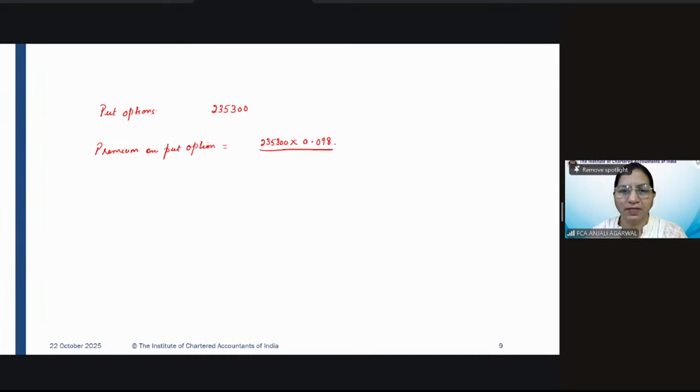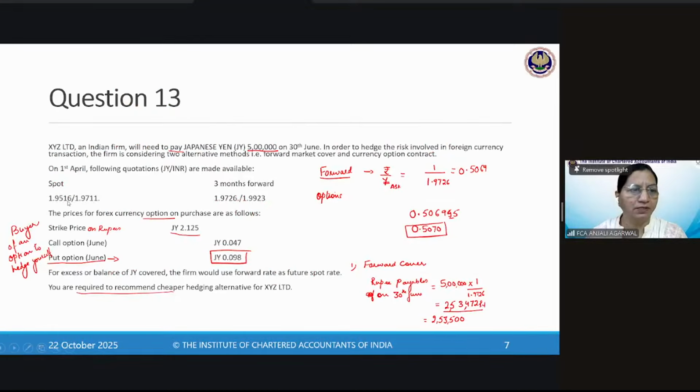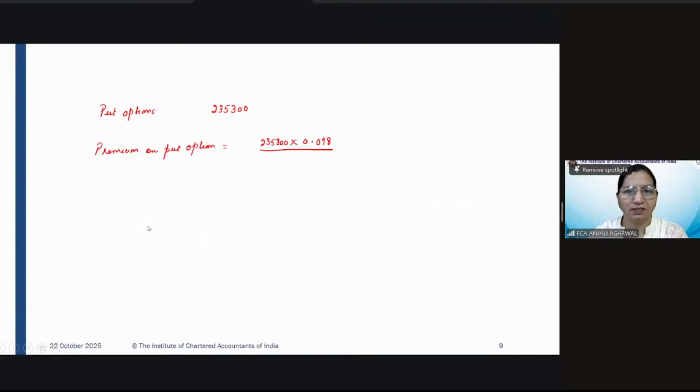So these many yen is equivalent to how many rupees? You will use the spot rate. So you want to buy yen, and the applicable rate for yen would be ask. But because it is inverse, your applicable rate would be 1 upon bid, 1.9516.